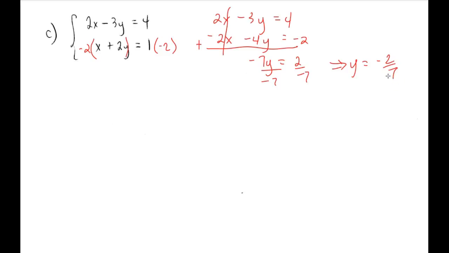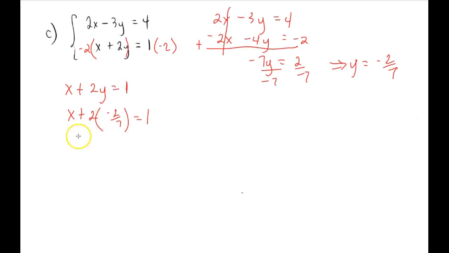Now from there, we can take our y and plug it into either the first equation or the second. I'm going to choose to plug it into the original second equation, which was this one. So this would be x plus 2 times y, which was -2/7, equals 1.